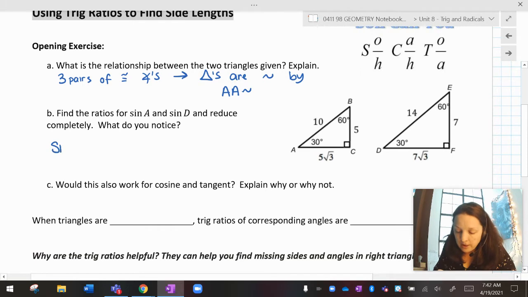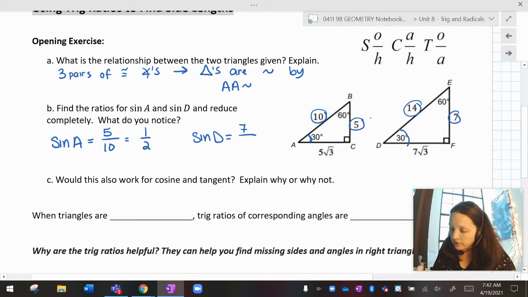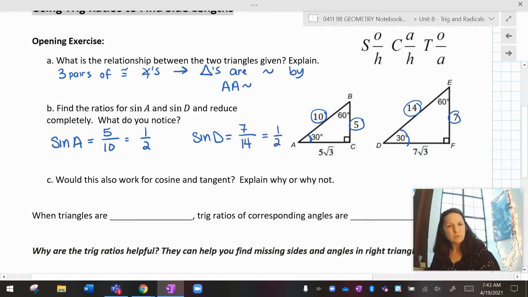Sine A means look from the perspective of A, do opposite over hypotenuse, and I get 1/2. And if I do sine D, opposite over hypotenuse, and then reduce, I also get 1/2.